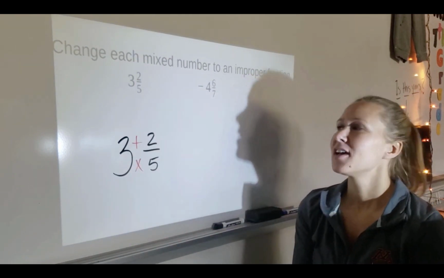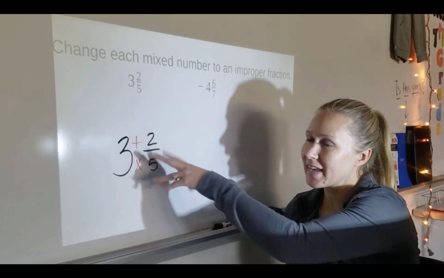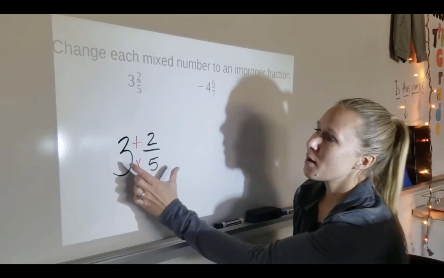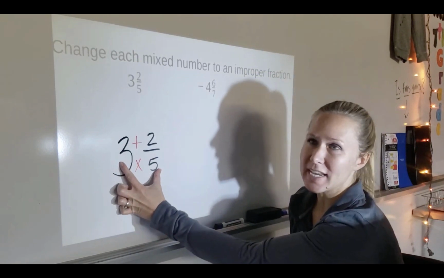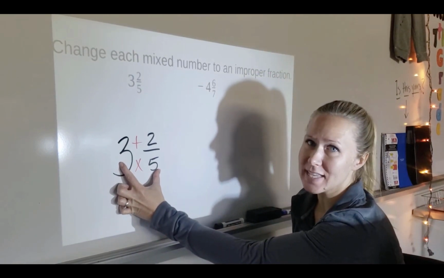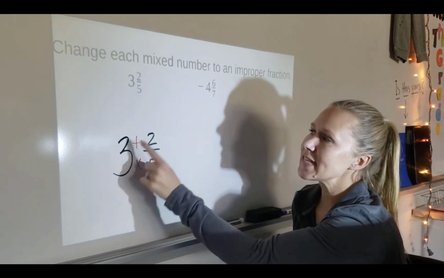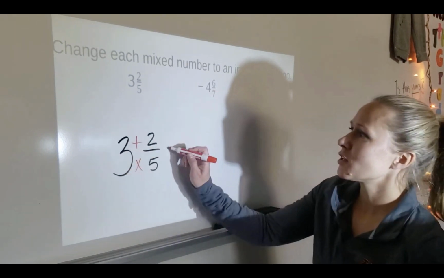It does. So when you're multiplying and adding, remember with order of operations, you always multiply first. So I'm going to multiply the 2 numbers that are connected together with the multiplication sign first. 3 times 5, and then lastly I add the 2.